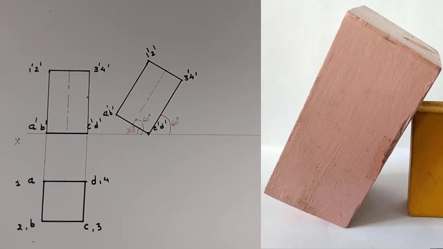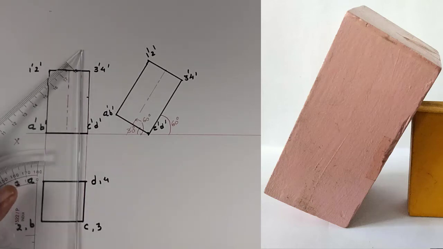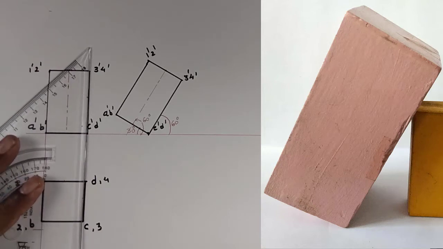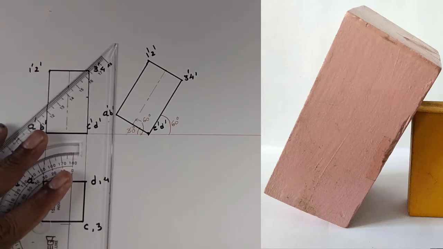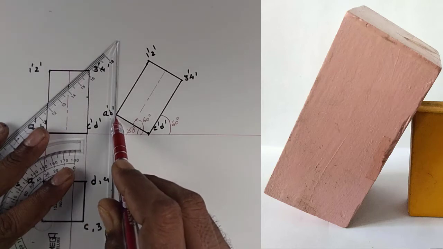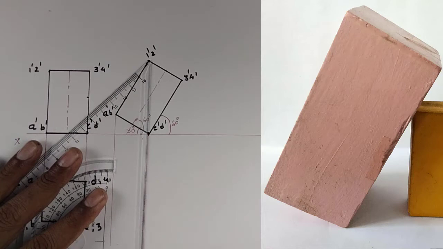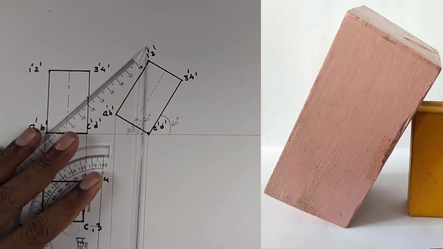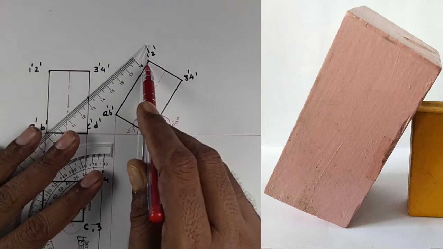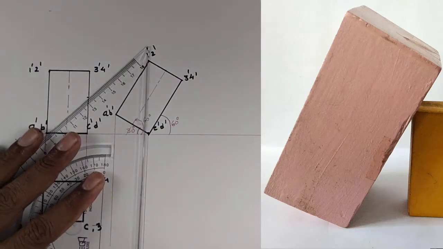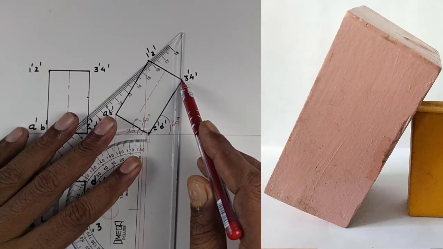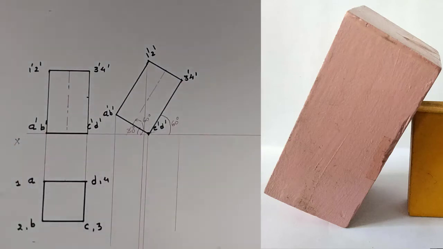Now we project our plan of second stage. So for plan, first we take the vertical downward projection from lower base. Similarly, you can collect the vertical projection from top base.